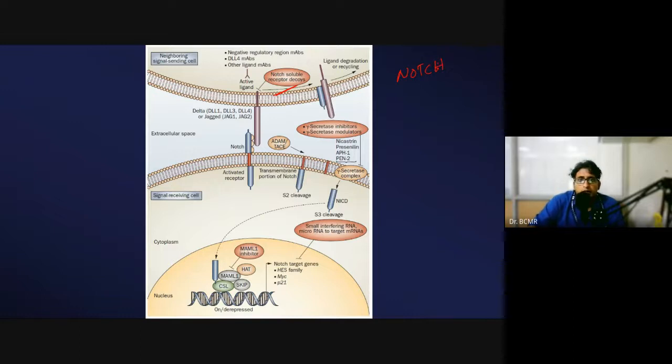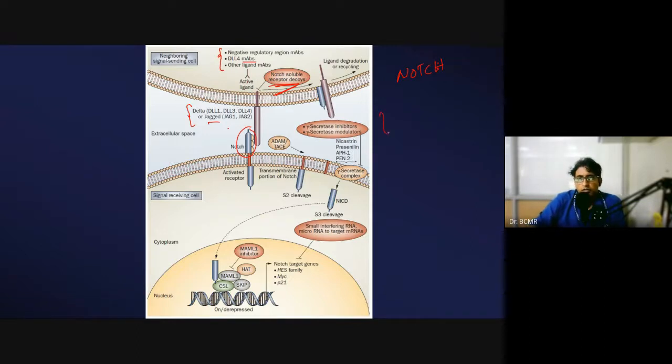In notch signaling, we can have soluble receptor decoys, and that is a way to interfere in the interactions between receptors and the ligands, delta or jagged, or you can call it notch ligand also. We can try monoclonal antibodies. There are many things that can influence or interfere in the interactions.